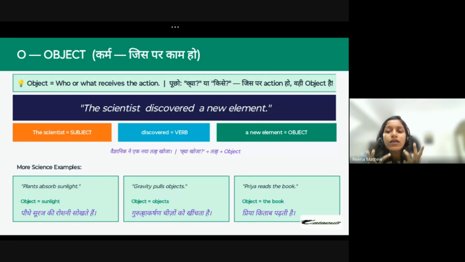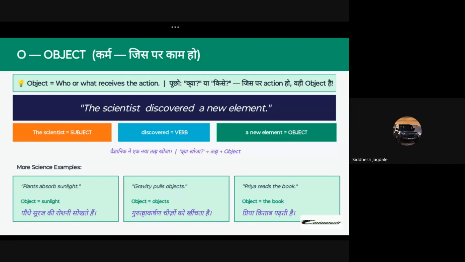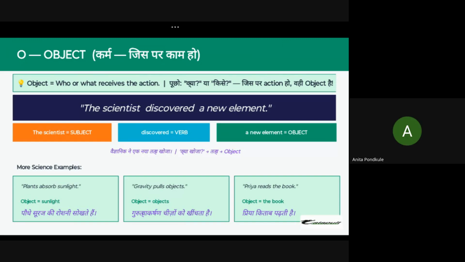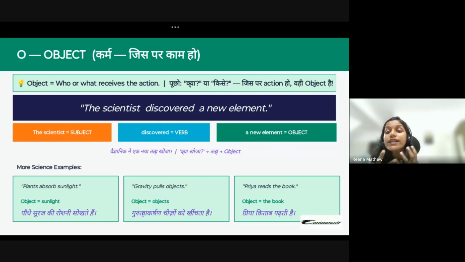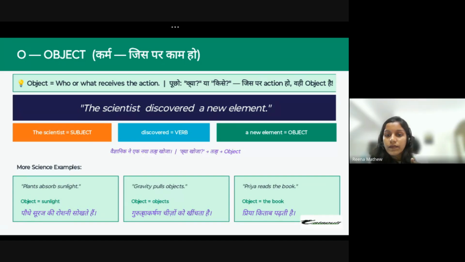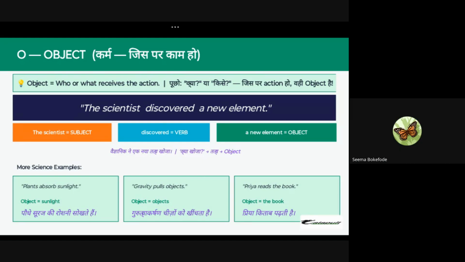That is the scientist, the subject. And then you ask what is being discovered. What receives the action? That is the element. Element is the object.